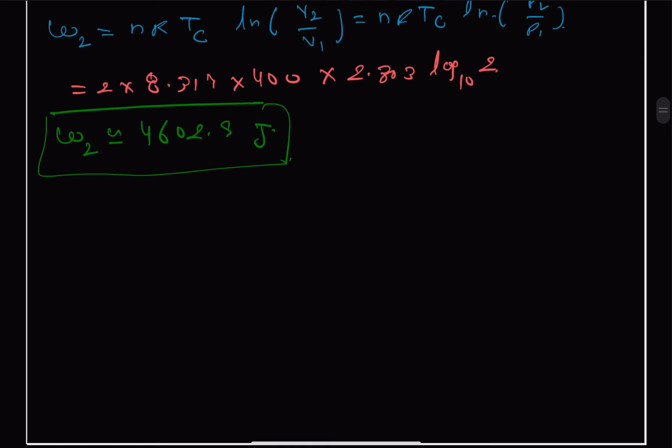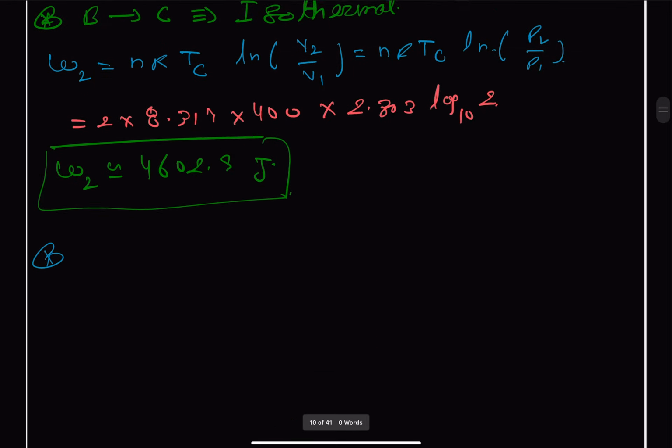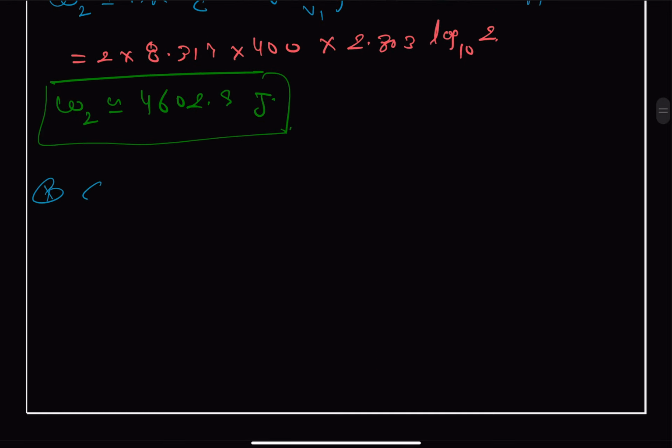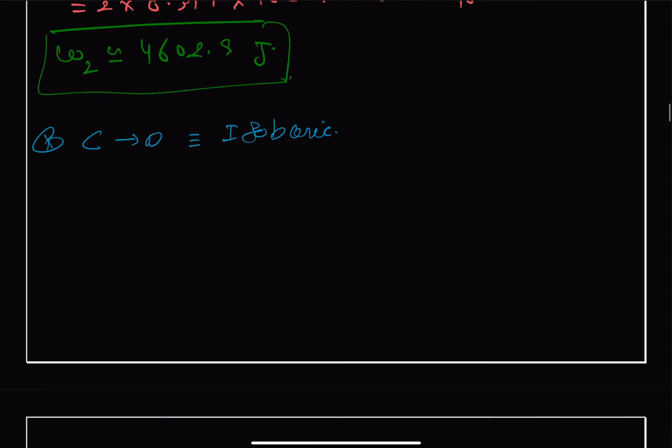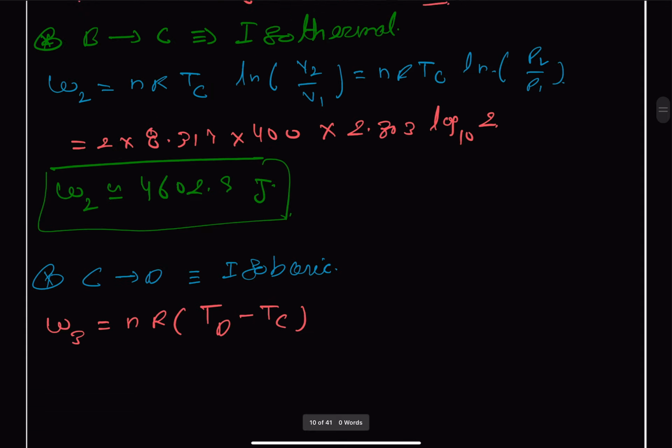And we have now from C to D, and once again it is isobaric, and we can write that our W3 will be equal to nR times temperature at D minus temperature at C. Let me correct here also.